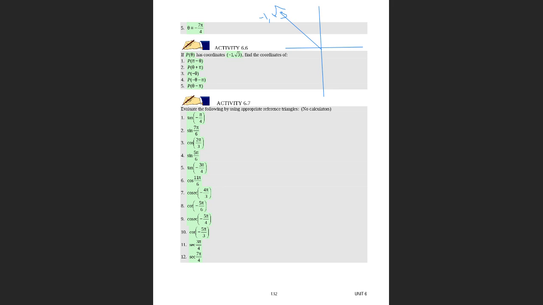What we are trying to say is, when you have your y-axis like this, here is negative 1 and here is root 3.